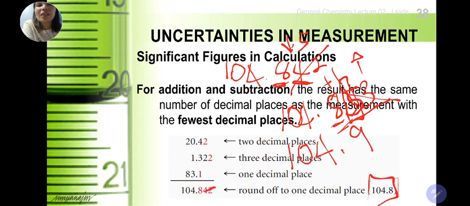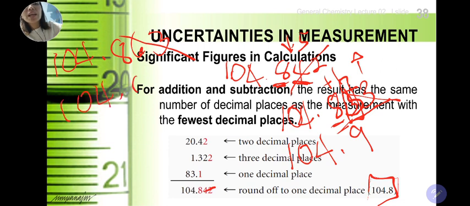For example naman, 104.863, ida-drop natin tong dalawa, magiging 104.9. Kung 104.833, da-drop natin 33, it will stay the same.